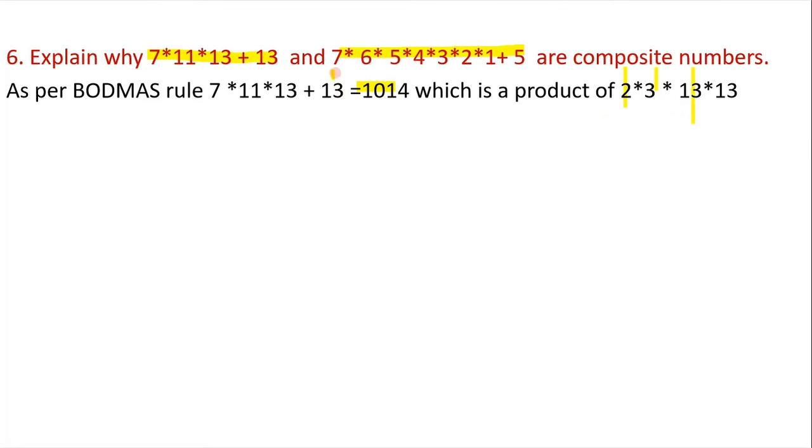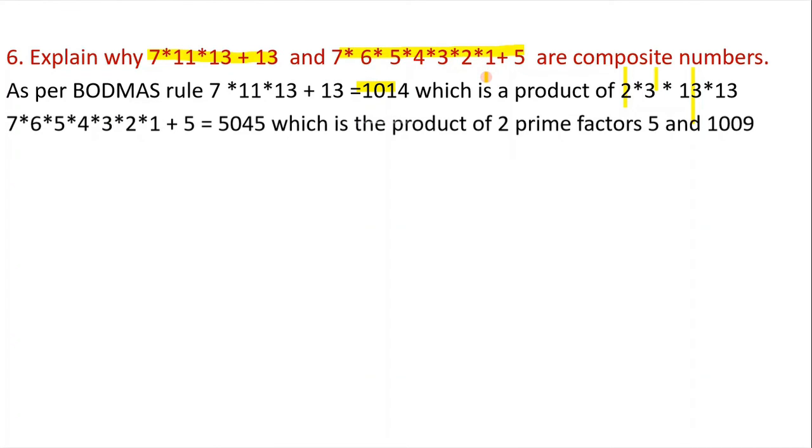Now for the second expression, 7 into 6 into 5 into 4 into 3 into 2 into 1 plus 5, the result is 5045, which is a product of two prime factors, 5 and 1009. Hence, we can say that these two numbers have factors other than 1 and itself, so they are composite numbers.